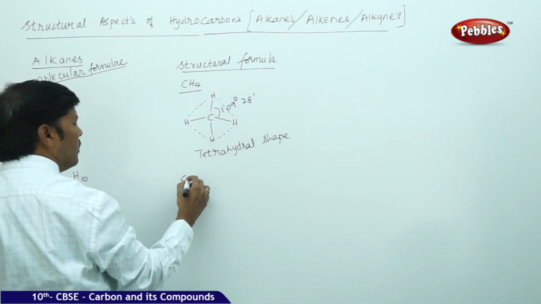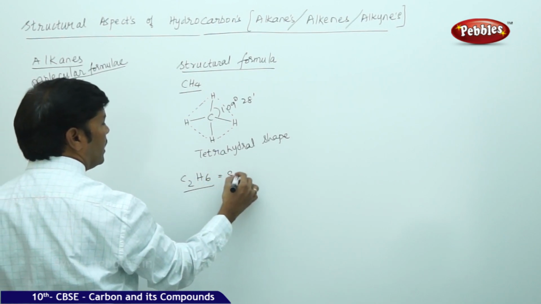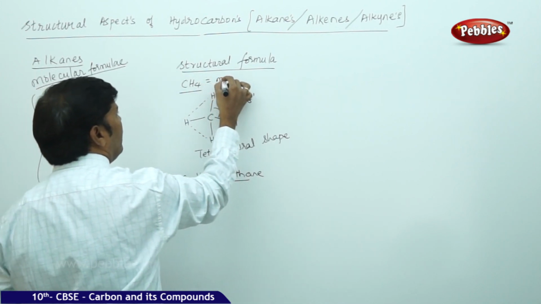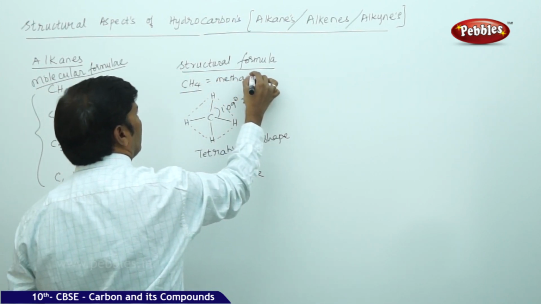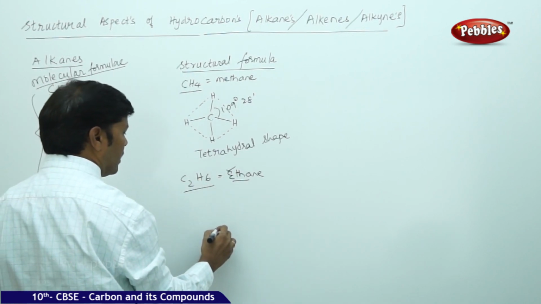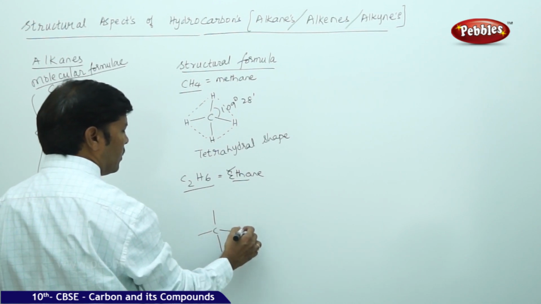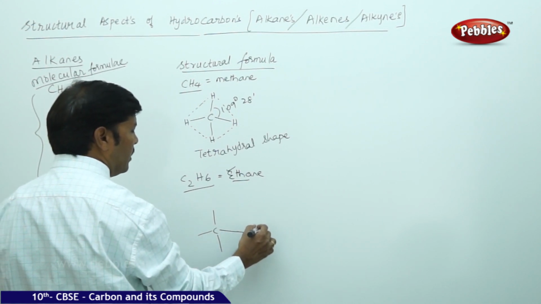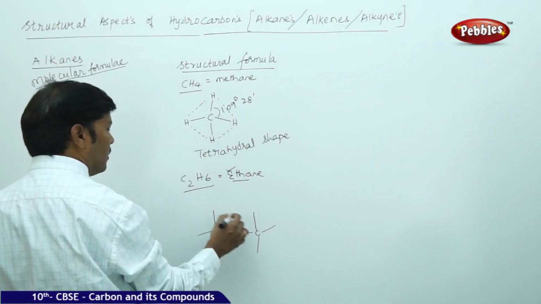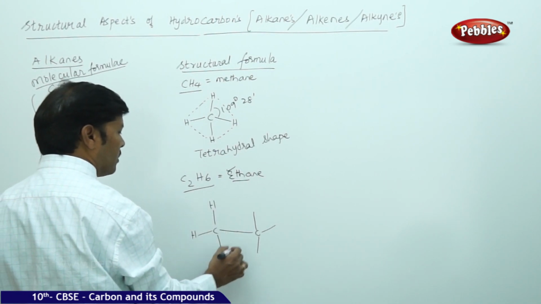Likewise, if you go for C2H6, this is ethane, and CH4 is methane. If you go for C2H6, then you can take the structure as first, second, third, fourth. Take the tetravalency of each carbon, again join another carbon, again show the tetravalency of the carbons, 1 2 3 4, 1 2 3 4, again attach all the hydrogens.